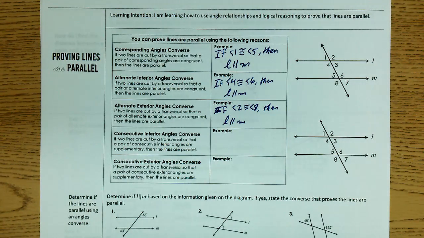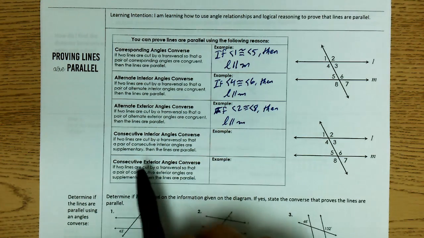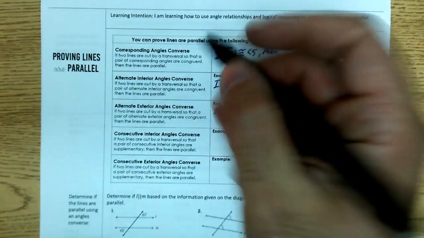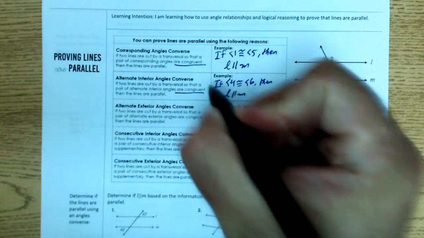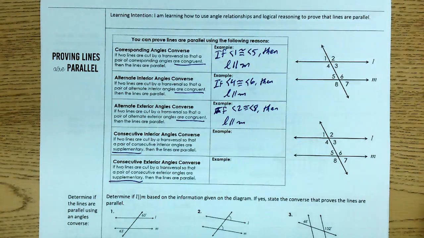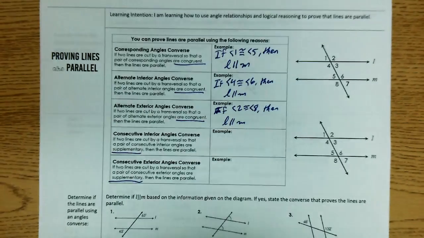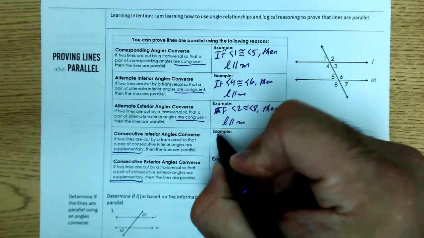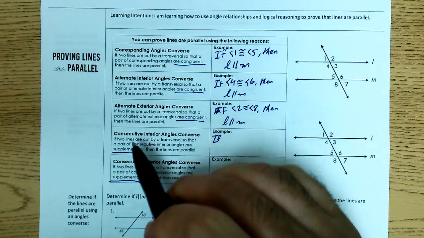For the consecutive interior and consecutive exterior, those were supposed to be supplementary. Again, up here we had congruent, congruent, congruent, supplementary, supplementary. What does supplementary mean? It means two angles add to 180. So this one is going to say if consecutive interior.